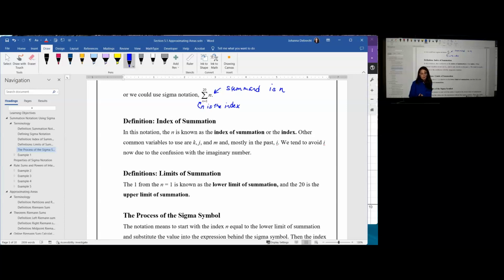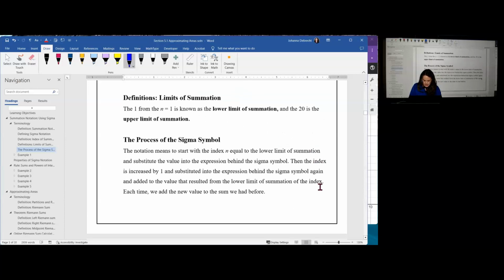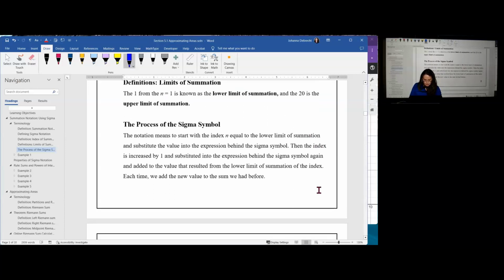the results together. Let's talk a little bit about the process of the sigma symbol. Again, we start with the lower limit of summation substituted in place of the index in the summand. We compute that value, then we iterate and allow the index to change to the next integer value.